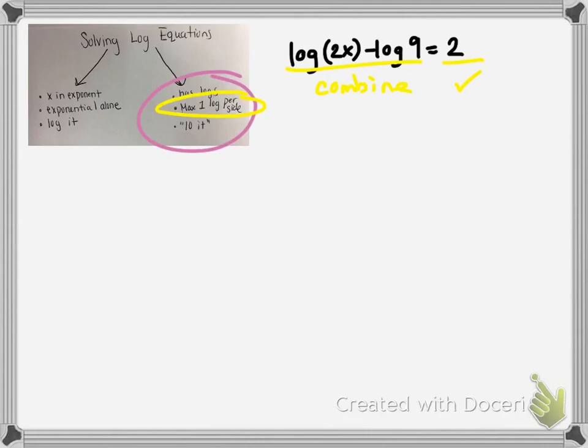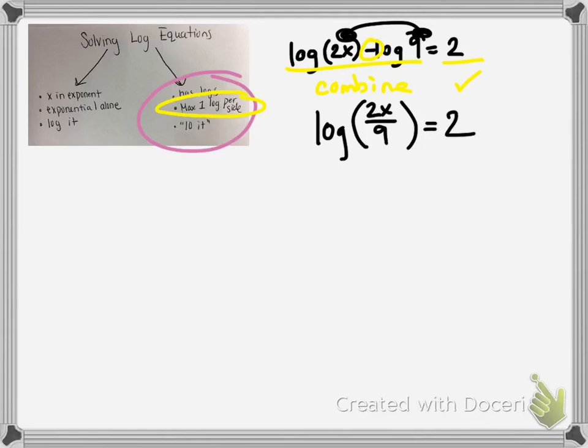It didn't mean you had to have a log. So I'm combining these with minus. Minus becomes division. So I get log of 1 division thing. I can't have log over log. So I get 2x over 9. You do have to go in this order. This is the top, this is the bottom. Okay, I've completed my maximum of 1 log per side.